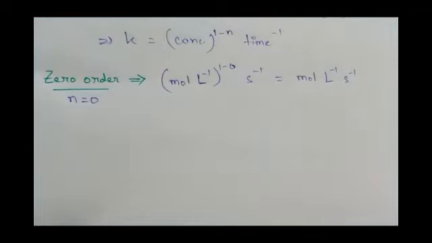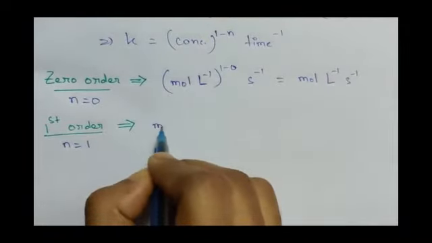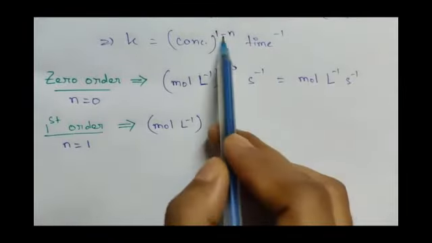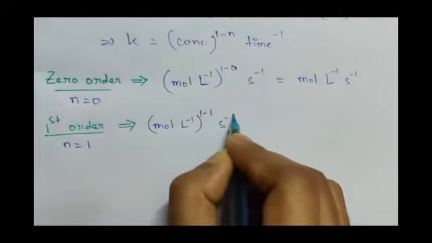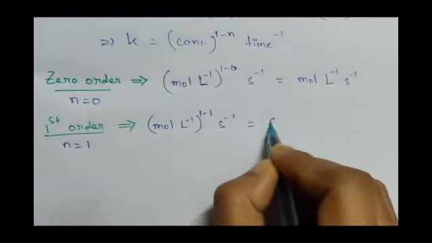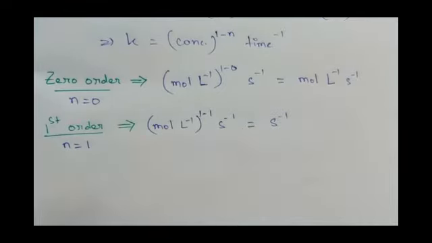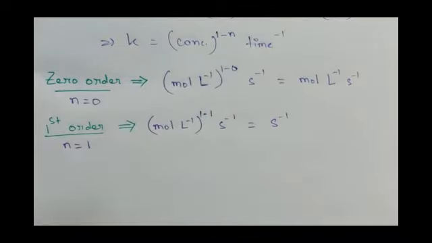Clear? Similarly for the first order reaction, n is equal to 1, so 1 minus 1 turns 0, and the whole concentration term becomes 1. So only second inverse will be there for the first order reaction.